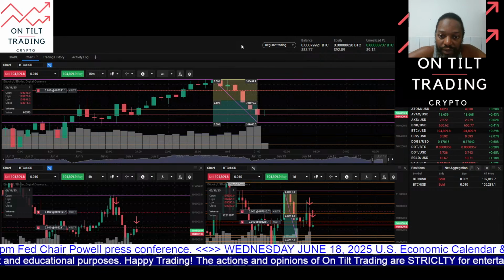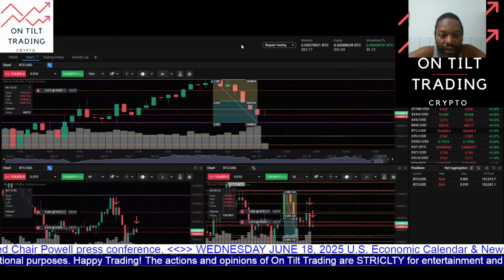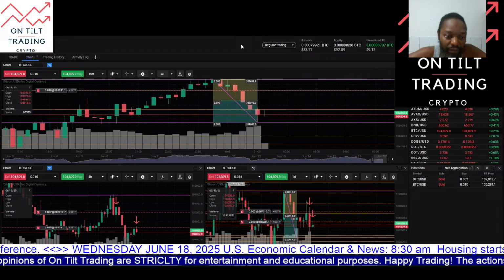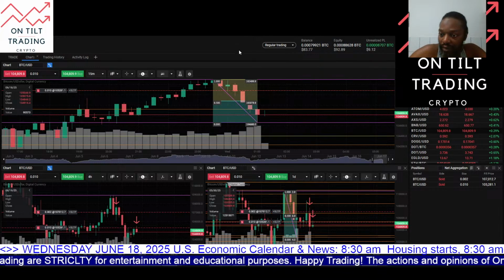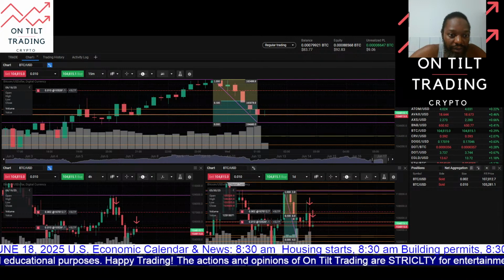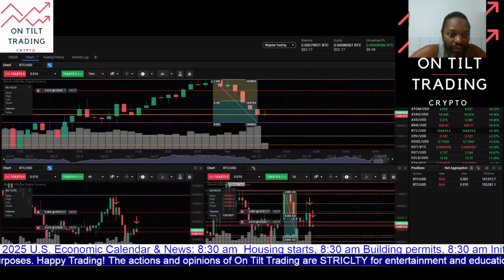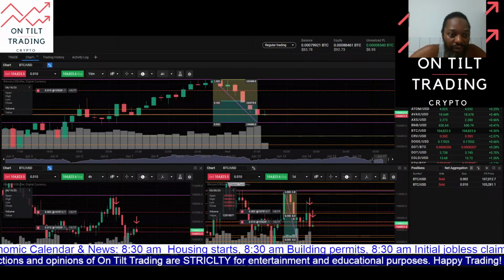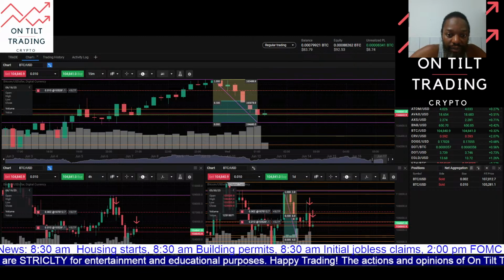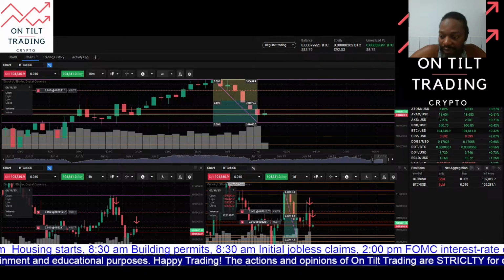So Bitcoin has extended its trading range quite a bit with this displacement. It has also taken out liquidity here with this displacement. So there would have been sell side liquidity down here that has now been taken out.